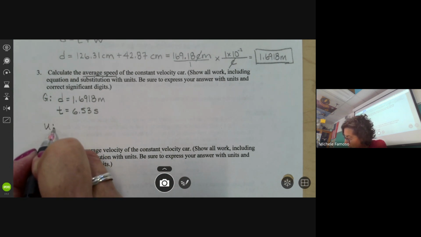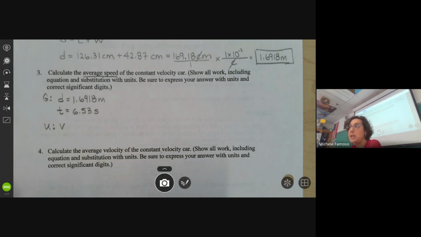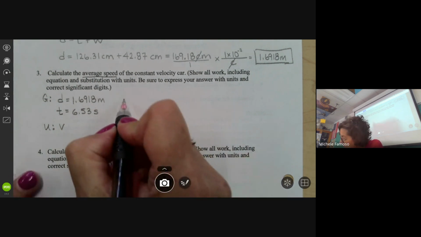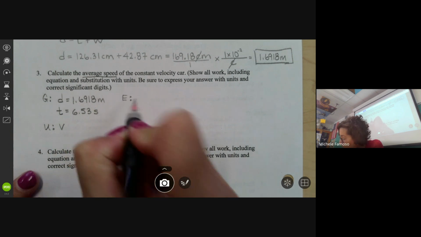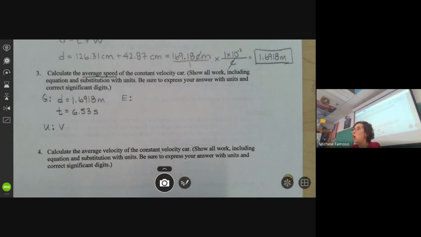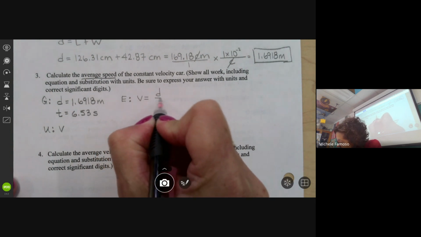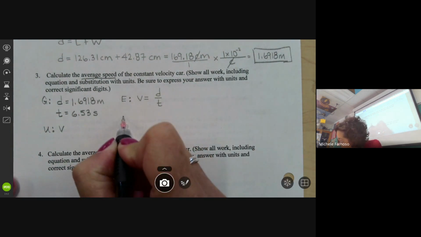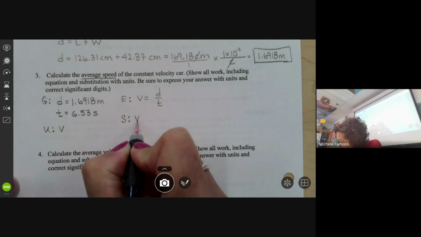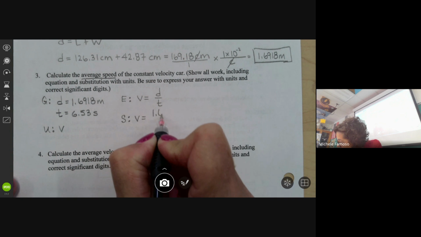Now, unknown is speed, which is just V. Now you have to give me the equation we use to solve for an average speed. It is on your reference table if you want to look there to remind yourself what is the equation we're going to use to get that speed. Caroline? That's right. V equals D divided by T. Let's now do our substitution with our units.